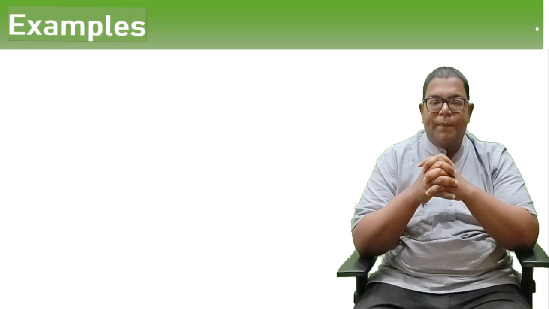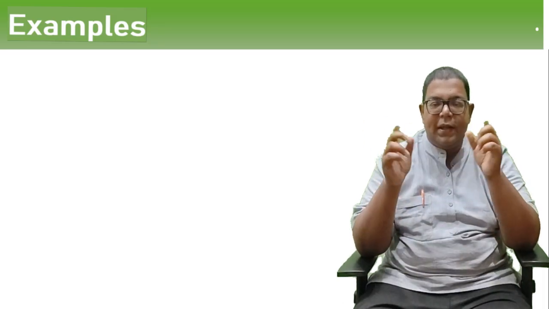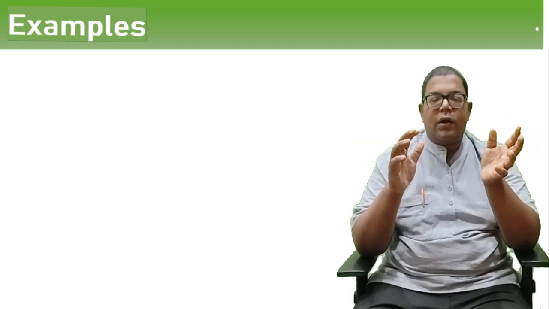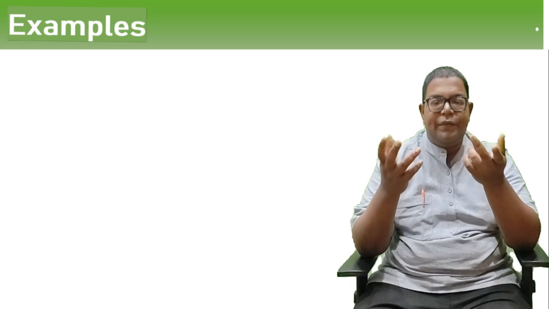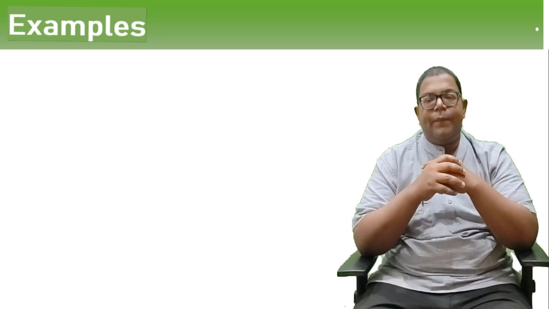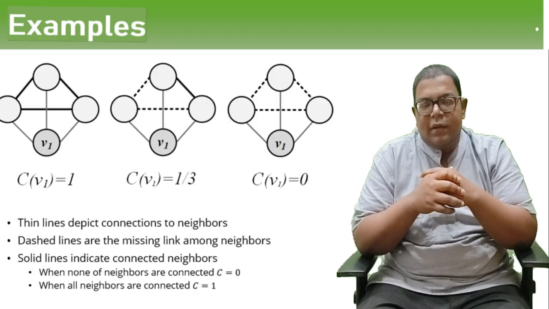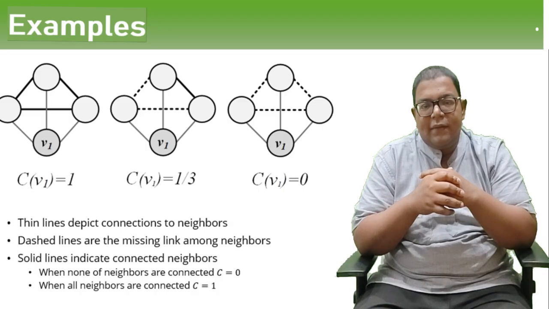But if you are part of a cross-departmental team where members don't know each other, your clustering coefficient will be lower. So this example helps us to understand the difference between dense and sparse friend circles around a person.